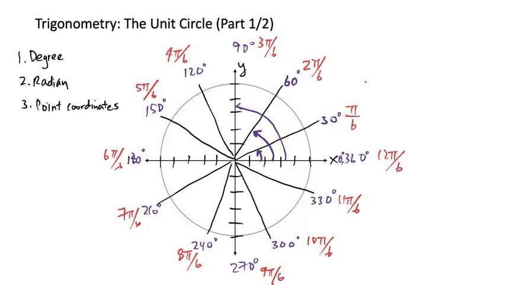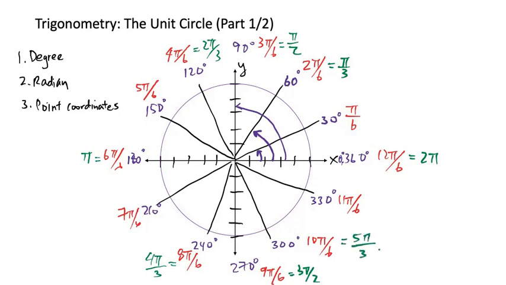And you can always reduce. So this is reduced to pi over 3. Should be easy for you guys now, right? Reducing, 2 pi over 3, and then pi, 4 pi over 3, 3 pi over 2, 5 pi over 3.